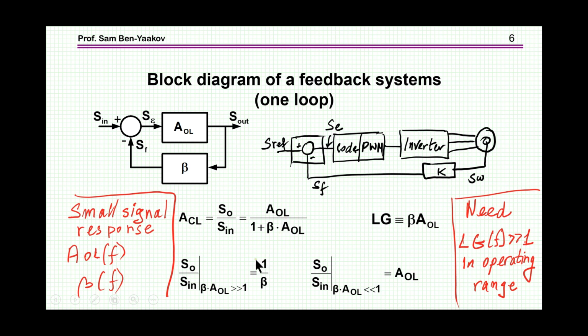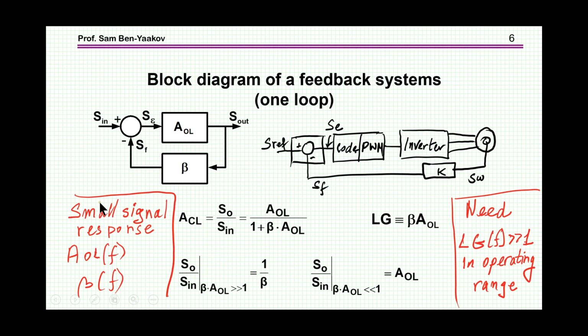So we have first a behavior which is like 1 over beta, and then we go back to the system itself. The point at which this happens actually determines the bandwidth at which we control the system. Beyond that, we have no control, whatever the original system was.